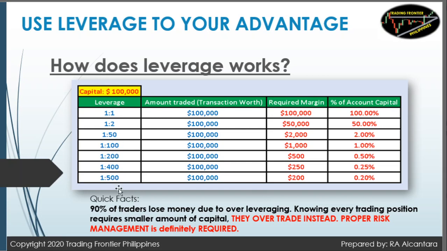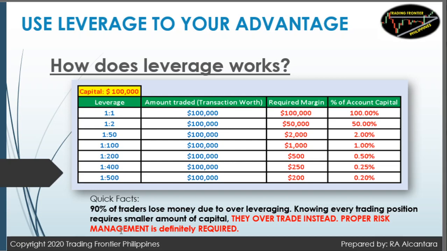The higher the leverage you use, the lesser required margin is being frozen in your account by the broker, and that is only a small percentage of your overall capital. So the tendency is we become more confident, more at ease that we can trade more positions, because that is only a few percent of our overall capital. So instead, they overtrade.